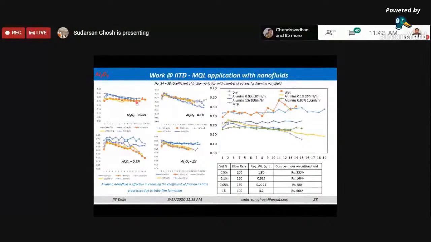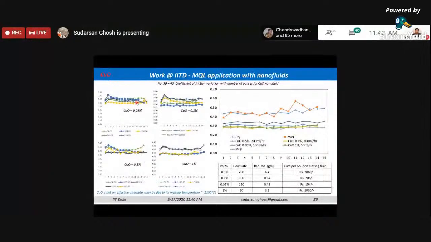But when you see over here, there is not much of a reduction. It is 0.35, and then you have 0.3. So not much of a reduction is happening in the copper oxide. Also, the copper oxides are a little bit costlier, so if you compare cost wise also, the copper oxide is not much favorable.